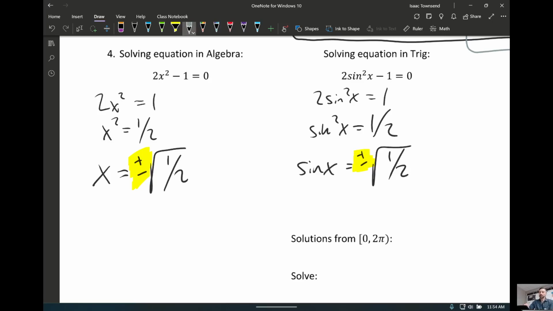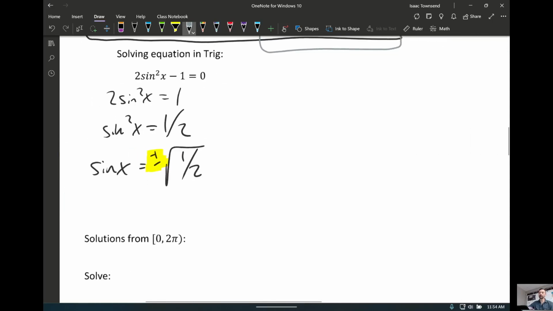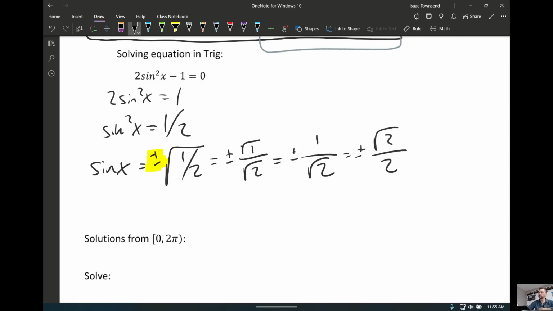Now again, in an algebra class, this is probably good enough because that's what x equals. For us, we need to figure out where this happens on the unit circle. And since this does not look familiar yet, you may need to review how to take the square root of a fraction. Square root of a fraction is like taking the square root of the numerator over the square root of the denominator. And if it still doesn't look familiar, it's probably because you need to rationalize it.